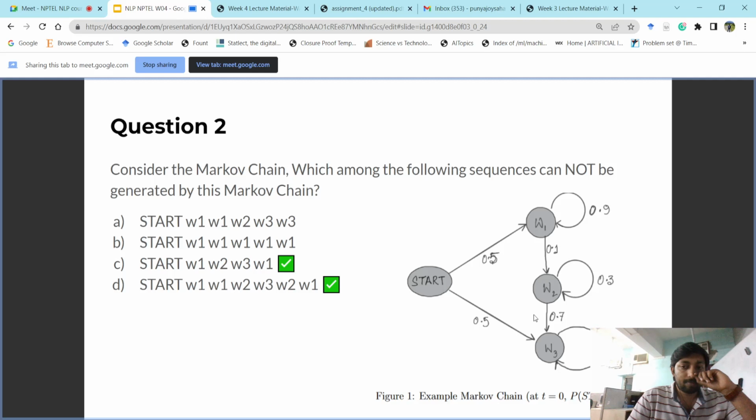There is no path. What I'm saying is that when there is no path, it means that the probability of going from that state to the other state is zero. That is how it should be inferred.